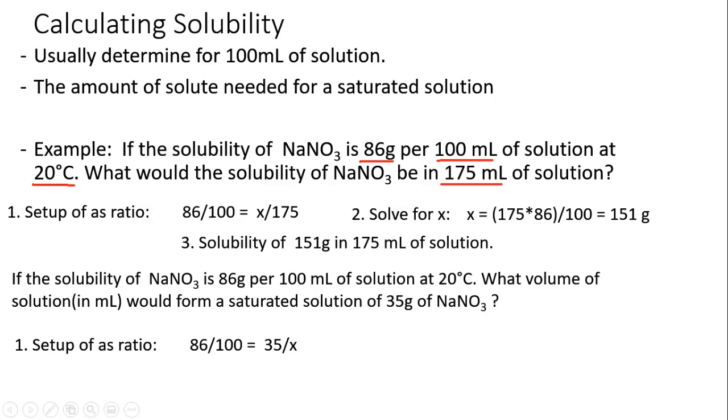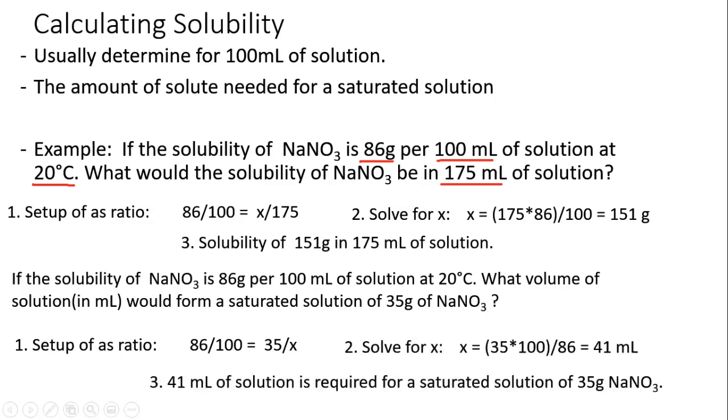Here we're solving for the denominator. We rearrange it to solve for X, and we see that 41 milliliters of solution is required to form a saturated solution involving 35 grams of sodium nitrate. And so this is how you can use solubility to determine the solubility in other amounts of solution or for other amounts of the solute of the same compound.